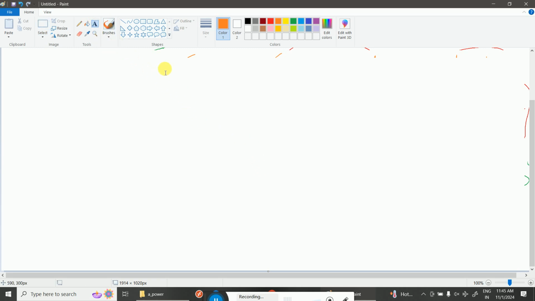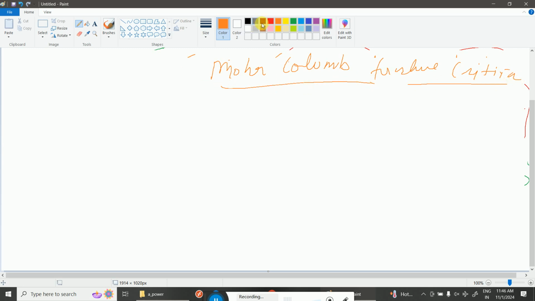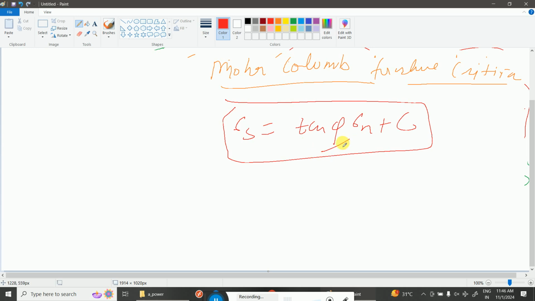The equation is simple: sigma s is equal to tan psi times sigma n plus c. Why have we not taken theta here? Because theta is already used in the Mohr circle. We have seen sin theta and cos theta.